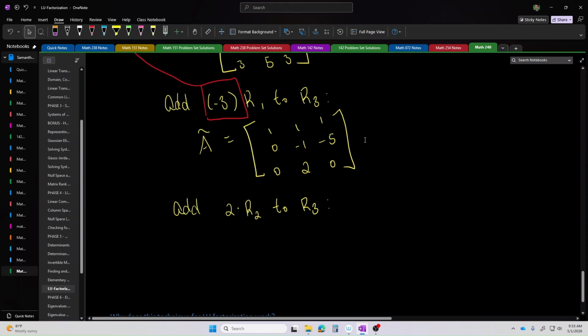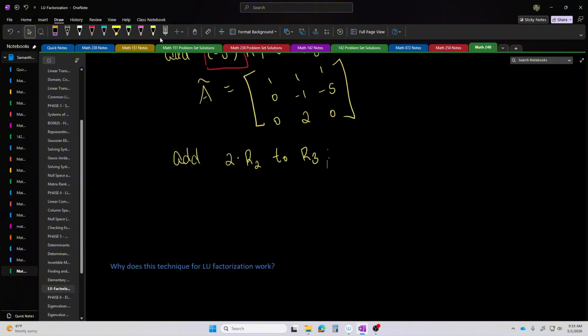I would not be permitted to scale this row. I'm only allowed to add this row down into the third row. And if I perform that action on the matrix A, that now brings me to A tilde being equal to 1, 1, 1, 0, -1, -5, and then 0, and then 0, and then -10.